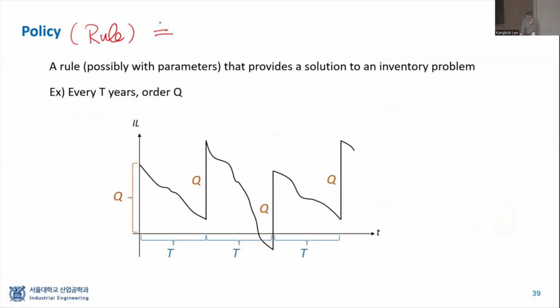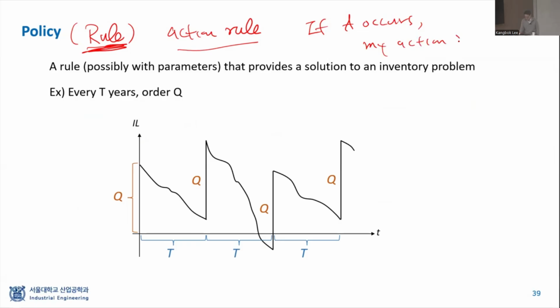Okay. So based on this, now I want to identify the policy or the rule. Please don't misunderstand; this is a little bit different from what we have seen, but it is almost the same as what we have seen in reinforcement learning or any learning context. The policy is basically an action rule, right? In other words, if A occurs, my action is B. It's a structure like that.